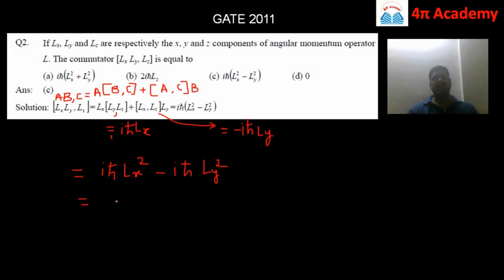So now if I take IH cross as common, in bracket we remain with Lx square minus Ly square, and hence our answer C is correct, that is IH cross into Lx square minus Ly square.